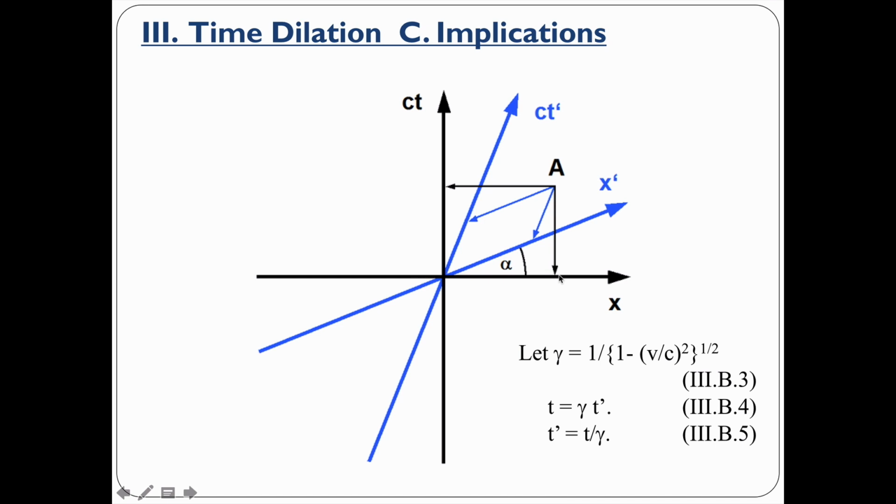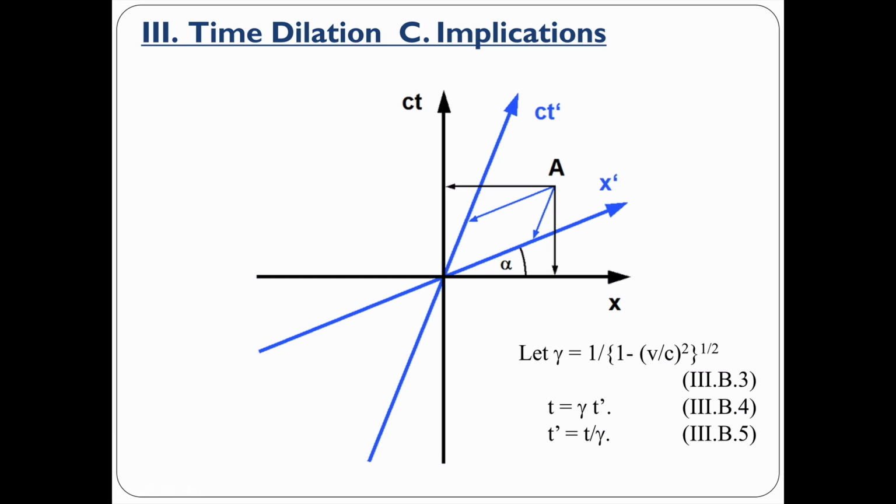If you're measuring from a moving frame, then you have to use these tilted axes, and you're measuring x prime so that it's parallel to this vertical axis, and you're reading off t prime so that it's parallel to the horizontal axis. And that is at the heart, graphically, of all of these transformations.